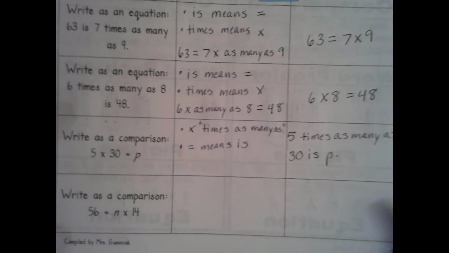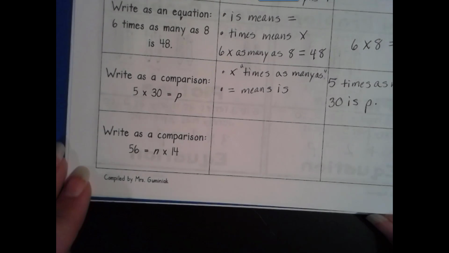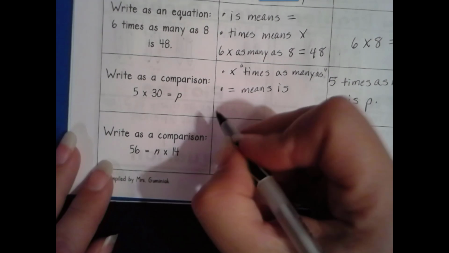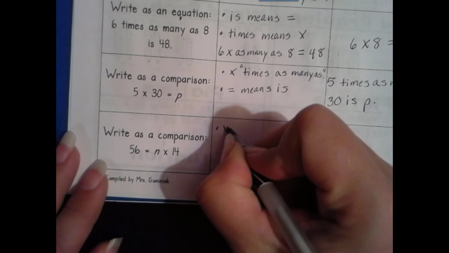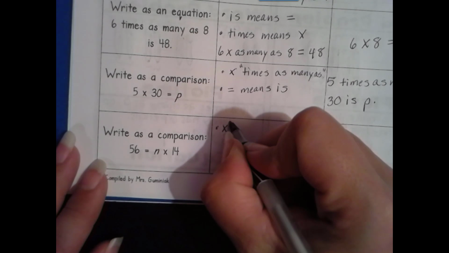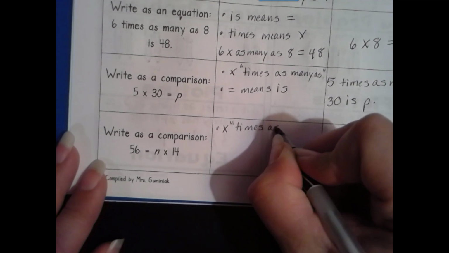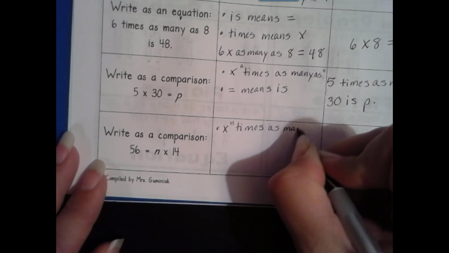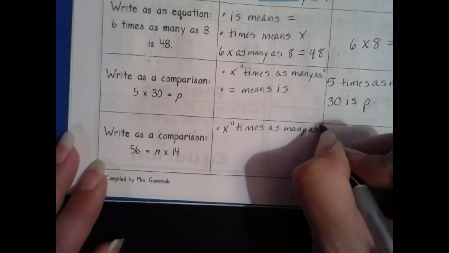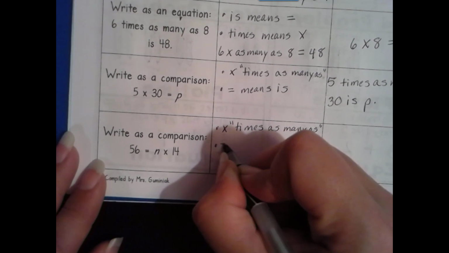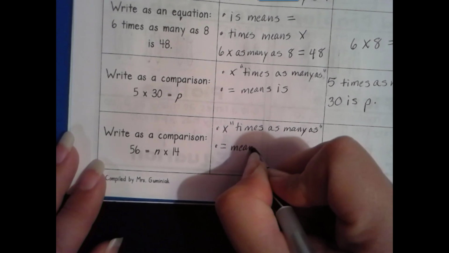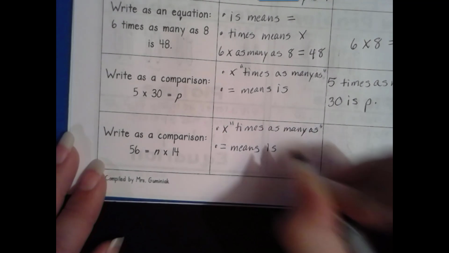Okay, so now our last one. So again, our times symbol means times as many as, and our equal sign means is.